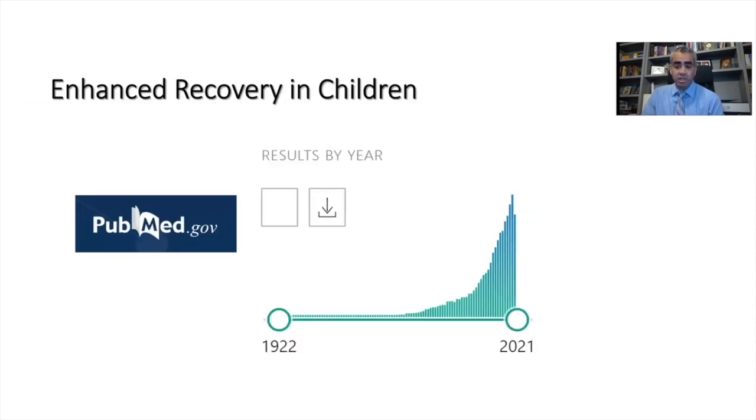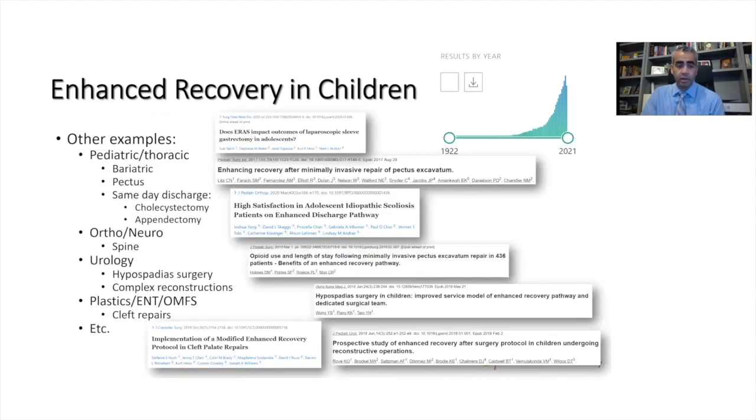And when we look at enhanced recovery in the pediatric literature, what you see is an exponential rise in the number of papers being published each and every year addressing this topic. Just to give you a brief glimpse, there are now enhanced recovery protocols published for bariatric surgery or pectus repairs, and same-day discharge for cholecystectomy and appendectomy.